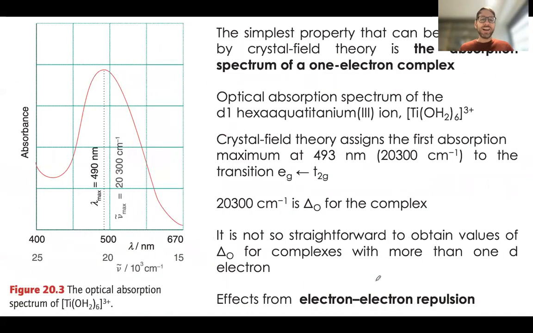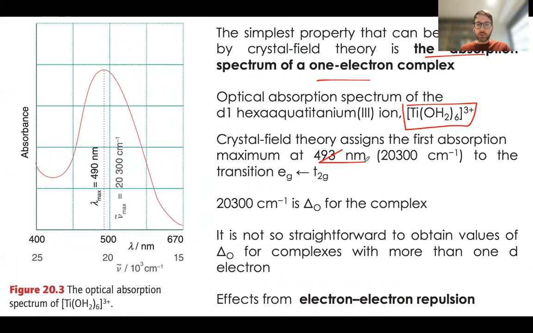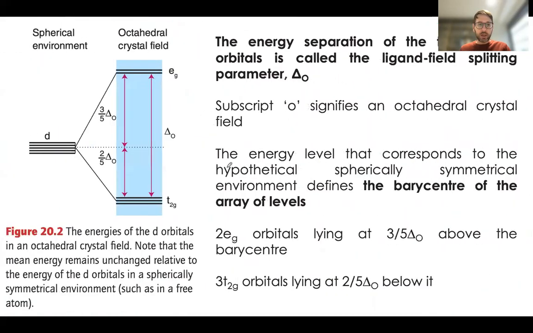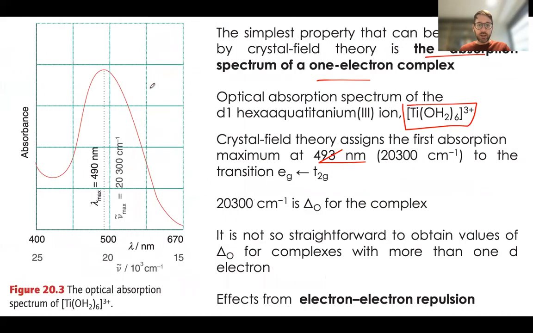And one of the applications of this model is the explanation of the electronic or absorption spectra for a complex that has only one electron, such as this complex containing titanium 3+, in which we see this band of absorption in this wavelength that corresponds to the transition of one electron from the t2g level to the eg level.